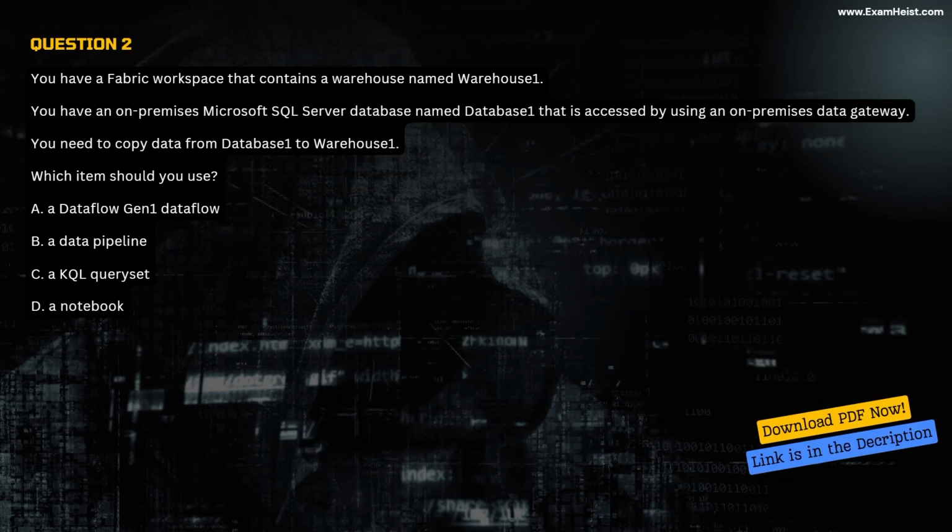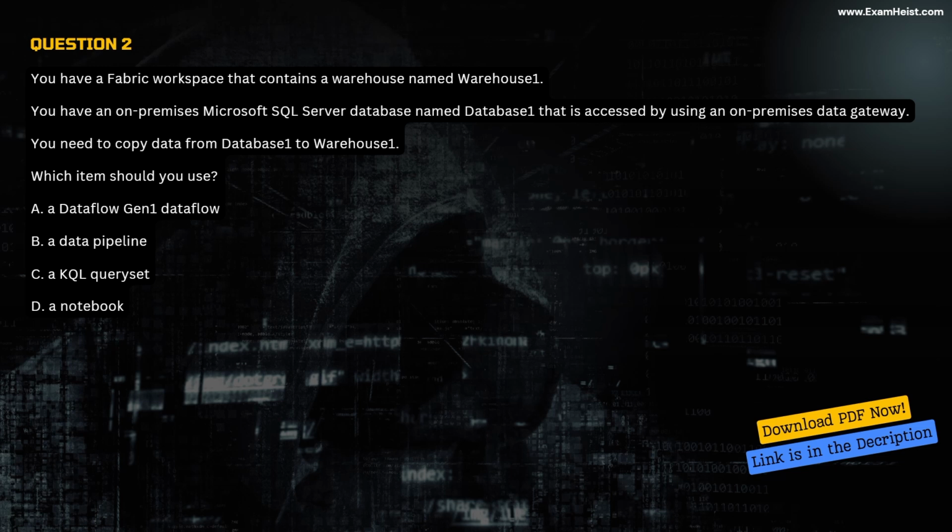Question 2. You have a Fabric workspace that contains a warehouse named Warehouse 1. You have an on-premises Microsoft SQL Server database named Database 1 that is accessed by using an on-premises data gateway. You need to copy data from Database 1 to Warehouse 1. Which item should you use? A. A Dataflow Gen1 data flow.